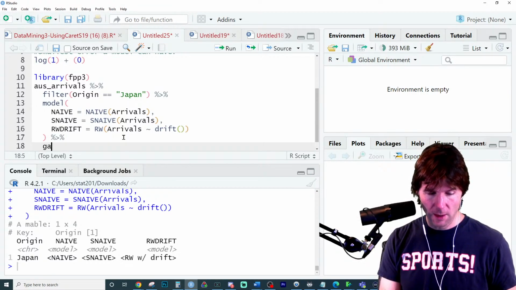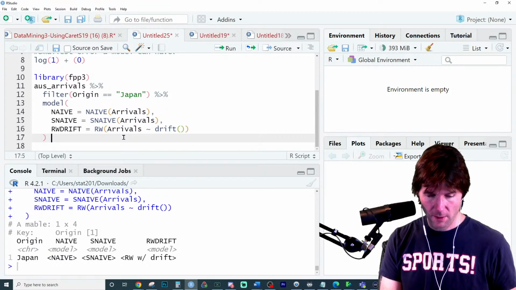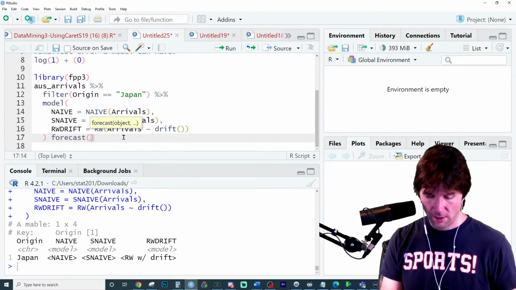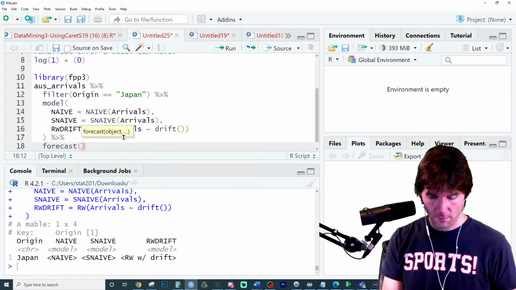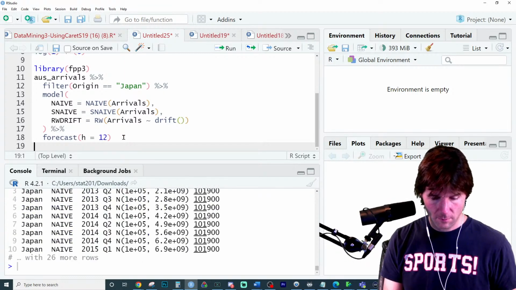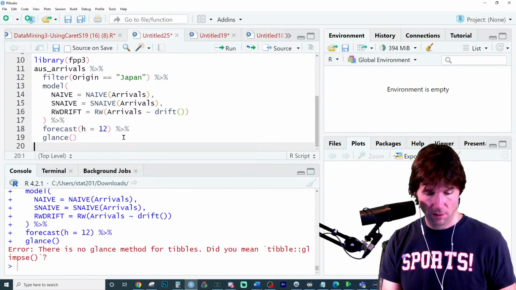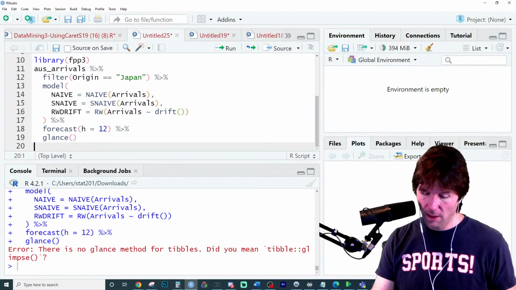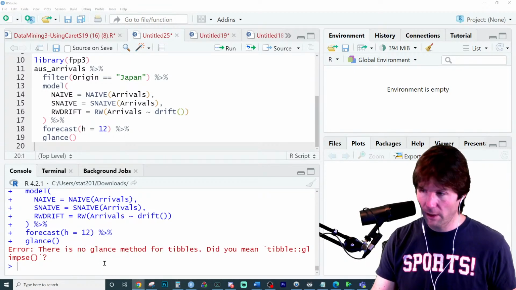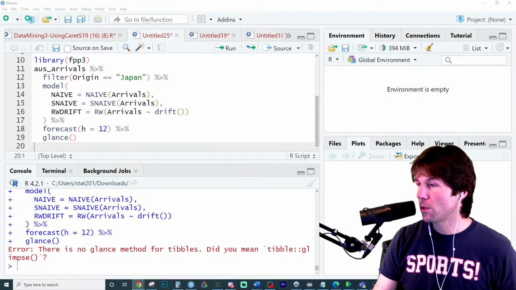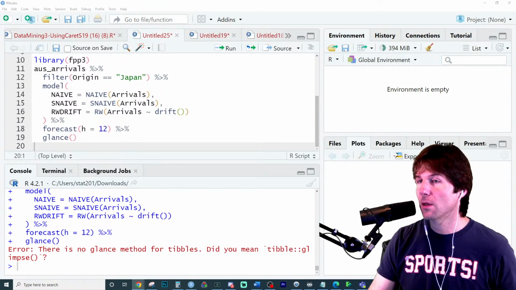Oh, I think we need to do a forecast first. There we go. Forecast. Oh, wait. Glance. There's no glance method. What? Double check over here. I thought it'd fit. Let's see.